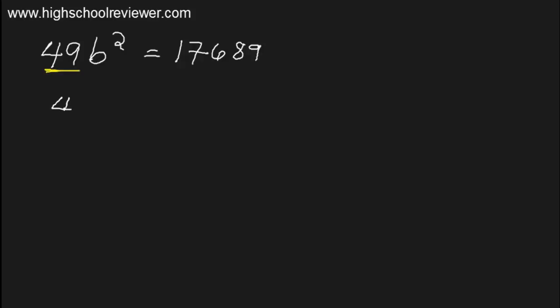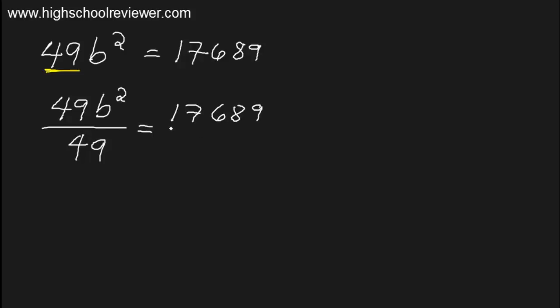So dividing, we will have 49b squared all over 49. This will be equal to 17,689 divided by 49. So 49 divided by 49, we can cancel this out, that is equal to 1.